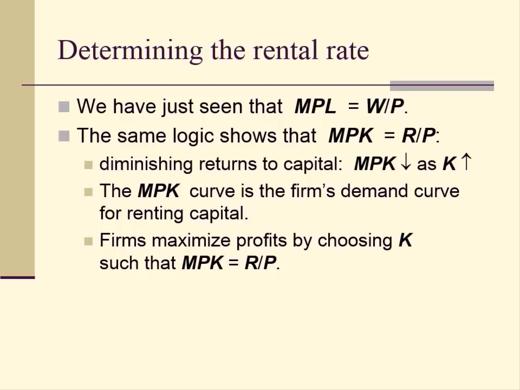Of course, in real life, many firms own some of their capital as well. But for such firms, R over P, the real rental rate of capital, is the opportunity cost of using capital instead of renting it out. Therefore, you can also view that as the real cost of renting a unit of capital. That is the foregone rental income.